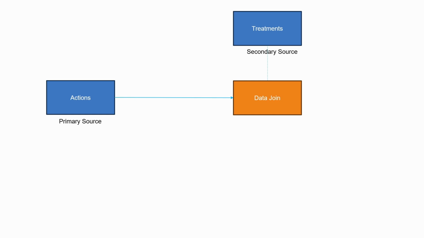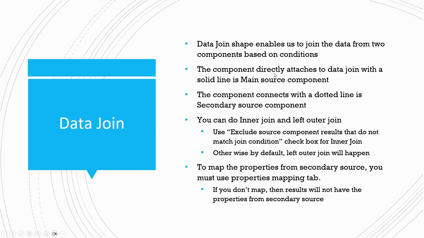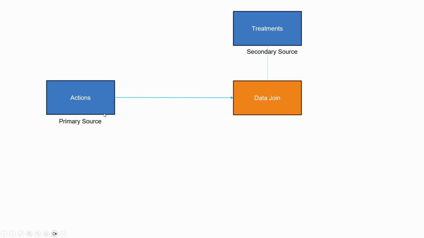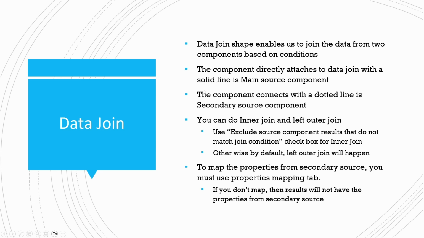Now, as you can see here, we have two sources, actions and treatments. This actions is connected with the data join with a solid line. The component directly attached to the data join with a solid line is the main source component.